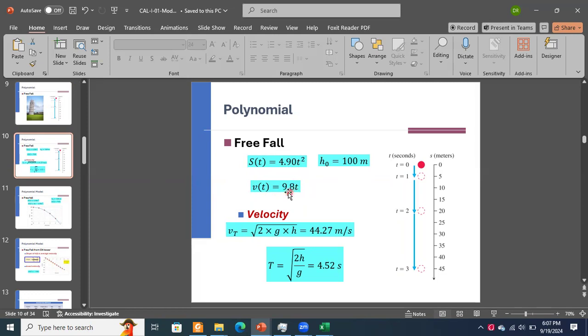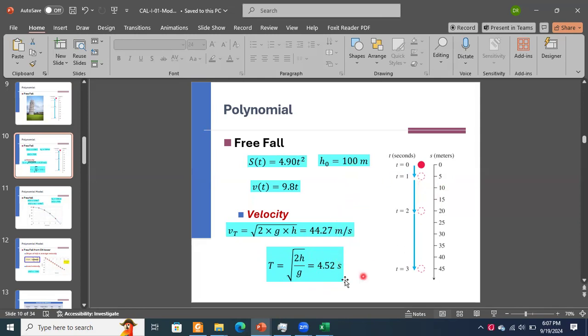It is 9.8 times t. And we can also calculate the velocity as it hits the ground and the time to reach the ground from a height of 100 meters.